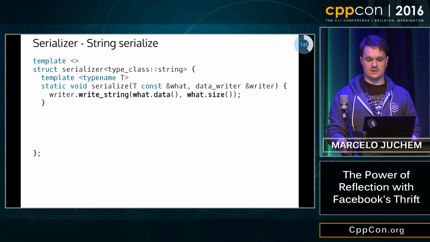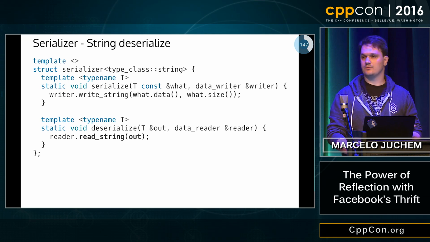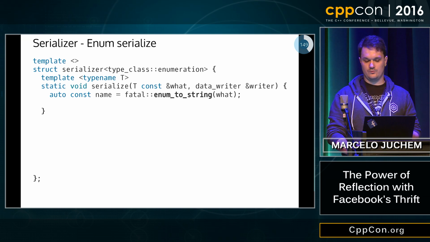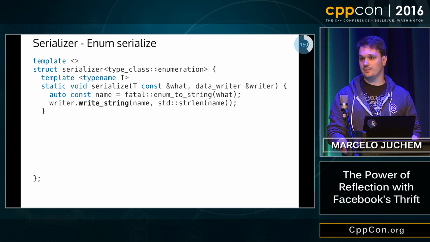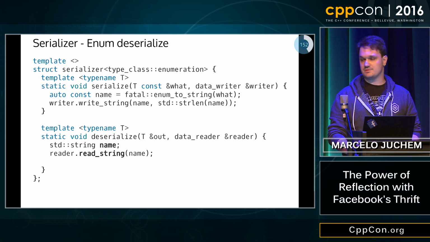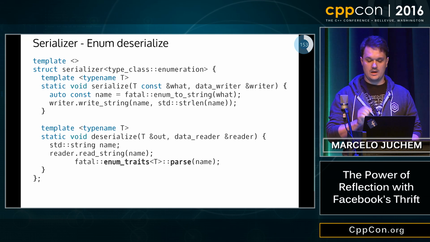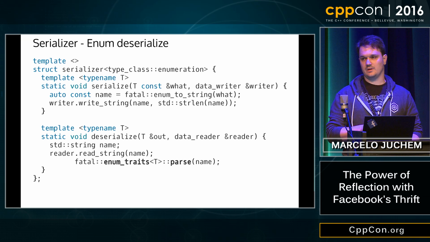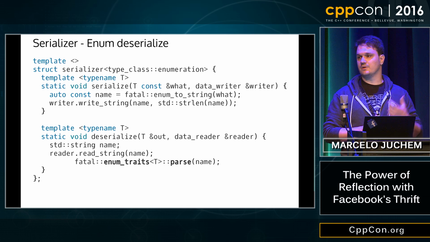For strings, we write a string, read a string, no big deal. For enumeration, we write the string representation of the enum, just because we chose to. And when you read the string representation of the enum, you want to parse it. So this feature here, like enum traits parse, is basically a way to convert from a string to an enum value.